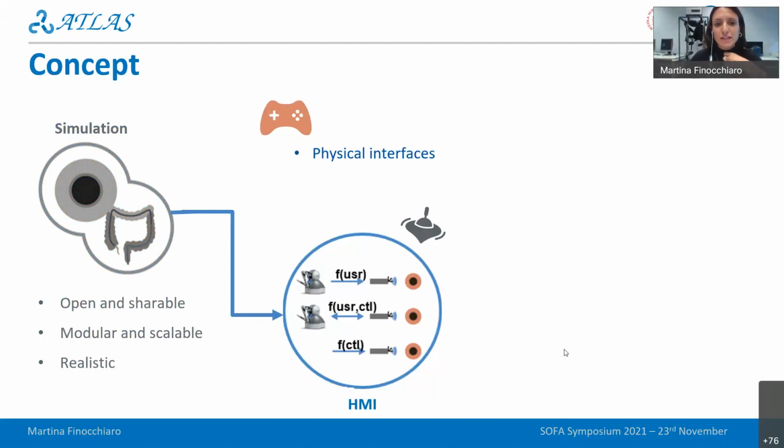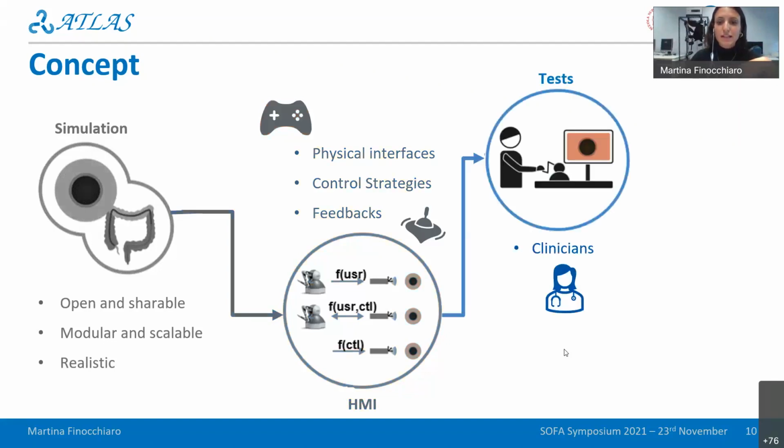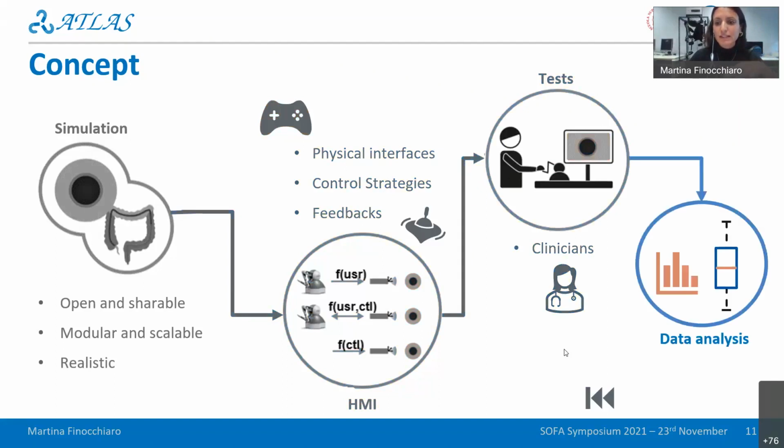By human-machine interface, I mean different physical interfaces such as a joystick or haptic device to drive our capsule or our robot inside the simulated environment, different control strategies, and different assistive tools for the users. Then generate tests with clinicians, comparing the different human-machine interfaces, and extract data in order to evaluate the procedure, so to evaluate the performance of the user and understand the optimal solution.